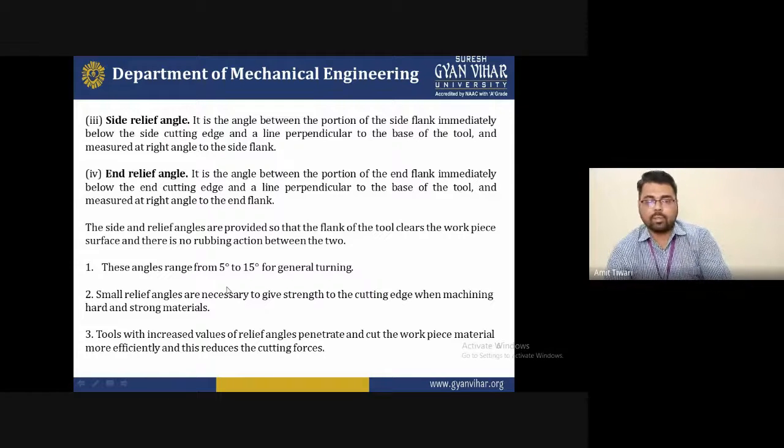Cutting forces generally occur in very high quantity, which increases the compressive stress, and internal cracks can be generated, so the tool may break. To avoid this problem, we use the relief angle to prevent this and to cut the material easily.